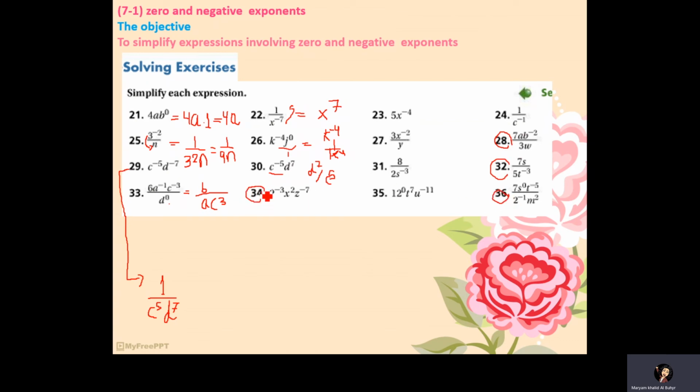Solve this one also. So step by step, always look at the number. Fraction, I will write like this. So 2 to the power negative 3, I have to move it down: 2 to the power 3. Next, x to the power 2 is positive, so I will keep it up.